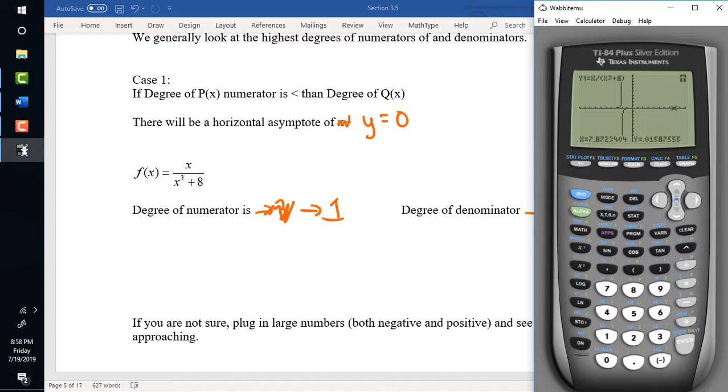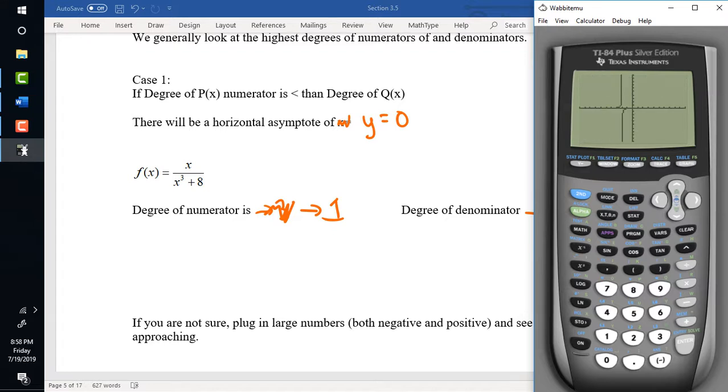And you can also tell by the second graph. So if you look at your y value, 0.111, and notice as I'm going, it's getting smaller and smaller, closer to 0, okay? And you can also go the other way. If you're going from the other side, as x approaches negative infinity, it's also getting smaller and smaller, okay?